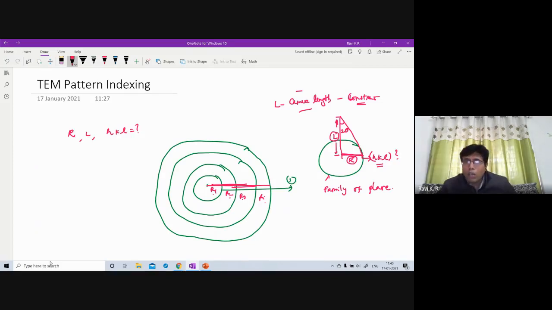So now if we look at this particular thing, you can say tan 2 theta. What is tan 2 theta here?